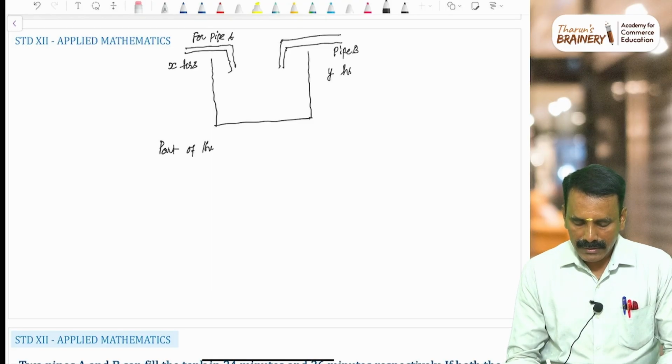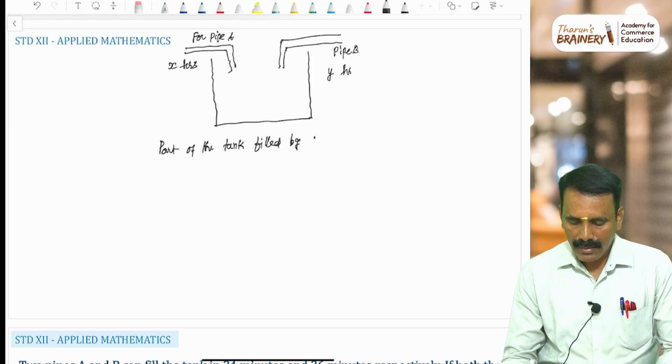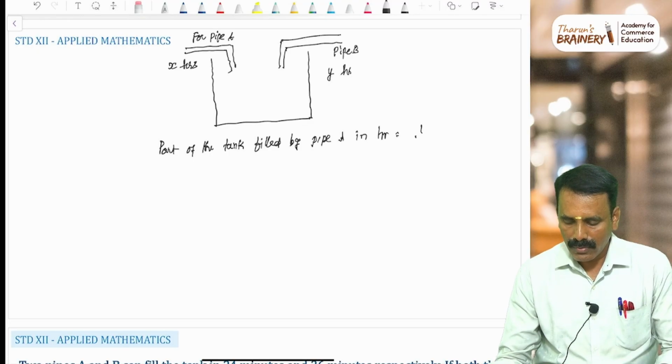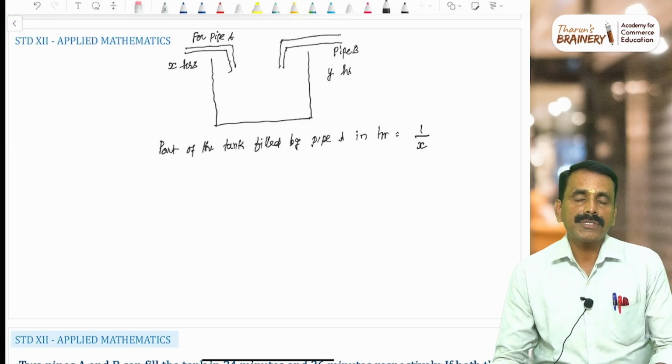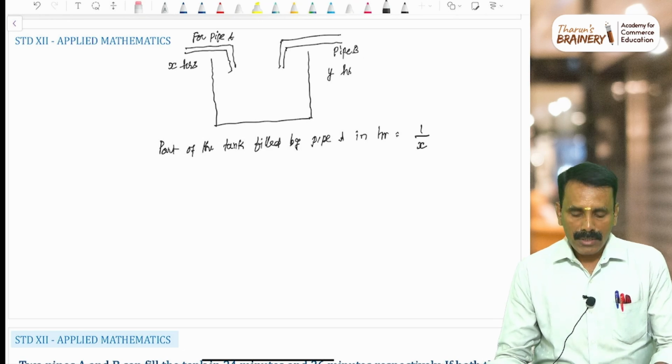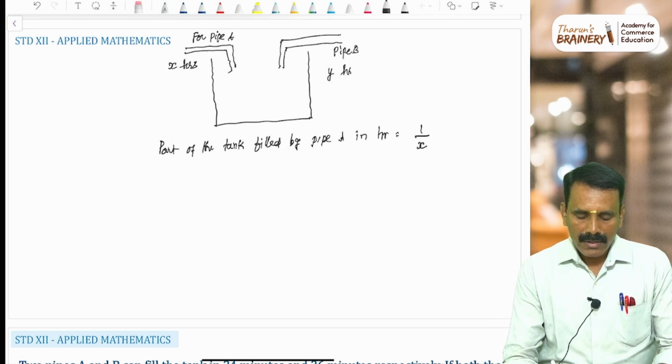part of the tank filled by pipe A in 1 hour will be equal to 1 by X, because pipe A takes X hours to fill the tank. Suppose pipe A takes 5 hours to fill the tank.